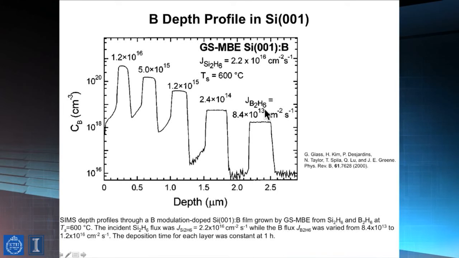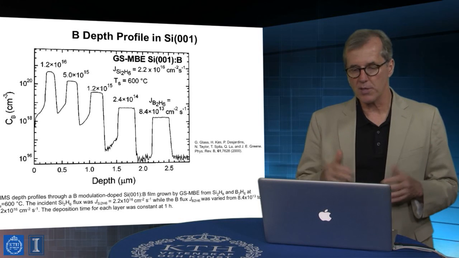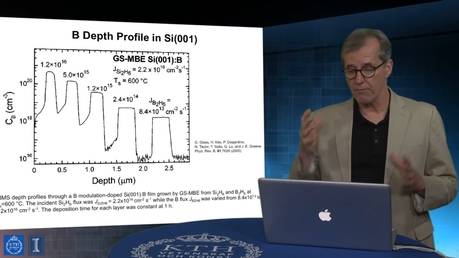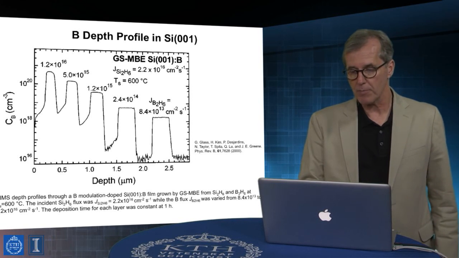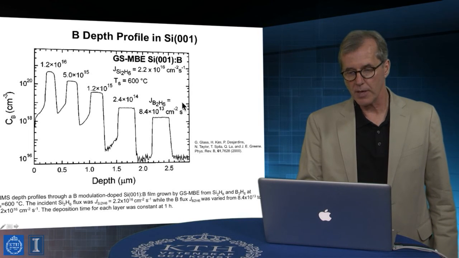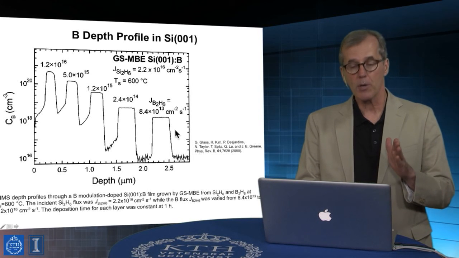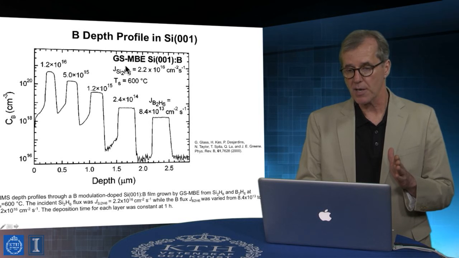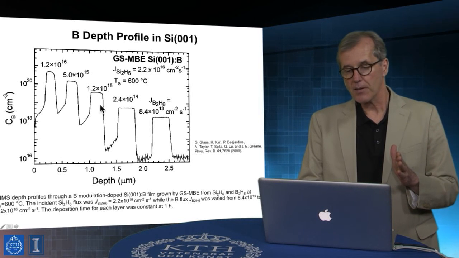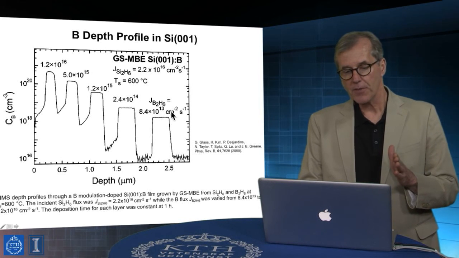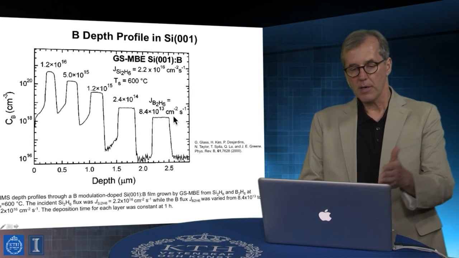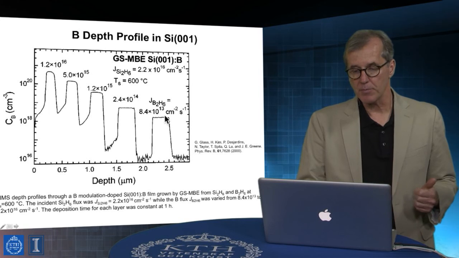So the kinds of protocols that have to be used to grow atomically precise materials using these kinds of feed gases are very stringent, right? But in proper environments and with good laboratory protocols, you can grow things of this type. And in fact, what you notice is that the fluxes of the gases actually determine the compositional outcomes, right?